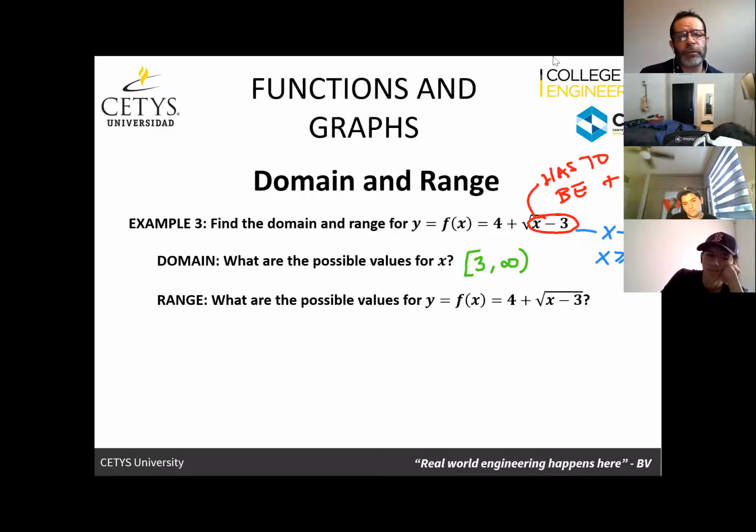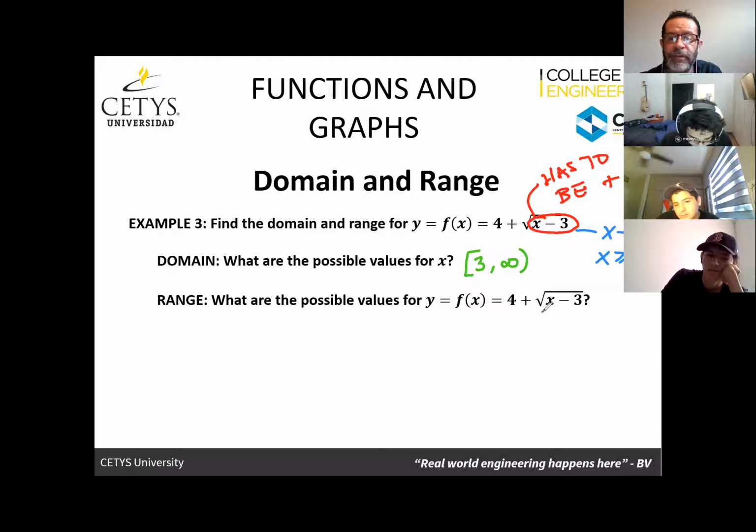So let me walk through what Daniel just talked about. The range is going to be all of the possible values of y according to the domain we just defined. We defined a domain that goes from 3 to infinite, and we did that because of the square root.